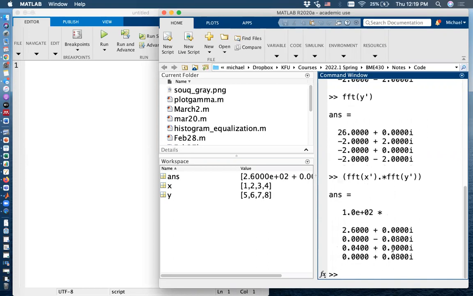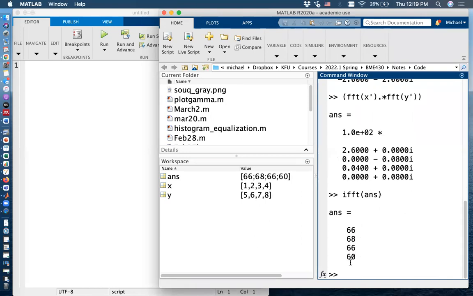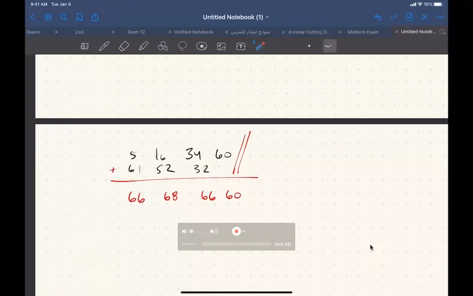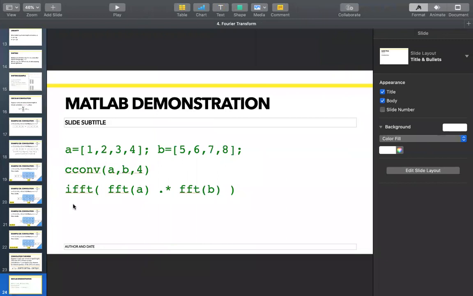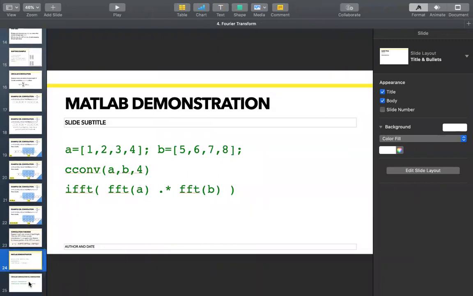All right, so that's 100 multiplied by this. If we take the inverse fast Fourier transform of that, then we get the answer. This is the same as the circular convolution of x and y.